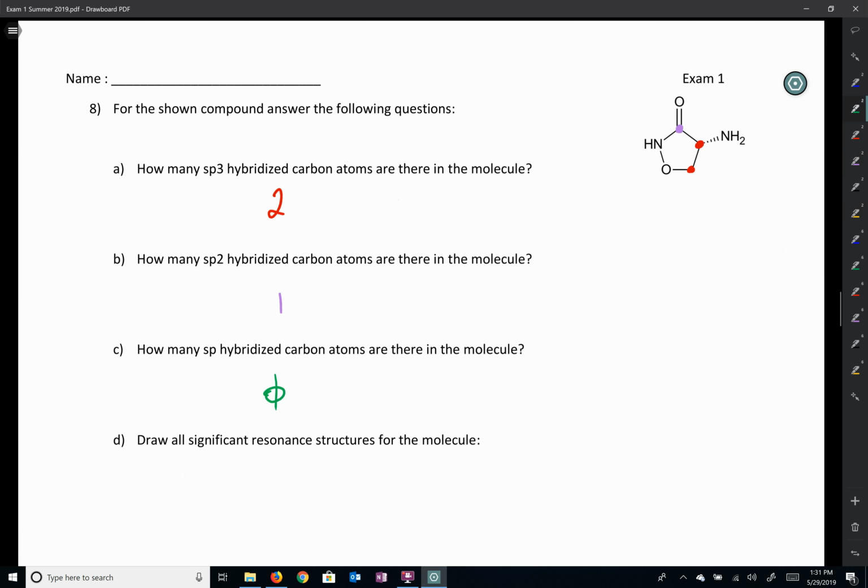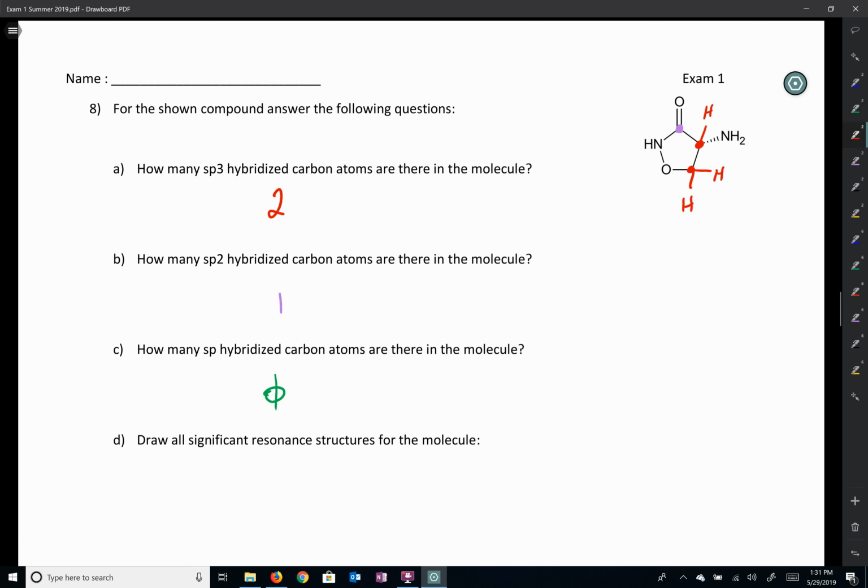Now, how do you recognize this? How do I know this so quickly? Well, what I'm looking at is how many things are bound to my carbon. If you've got four single bonds to a carbon, that's an sp3 hybridized carbon.